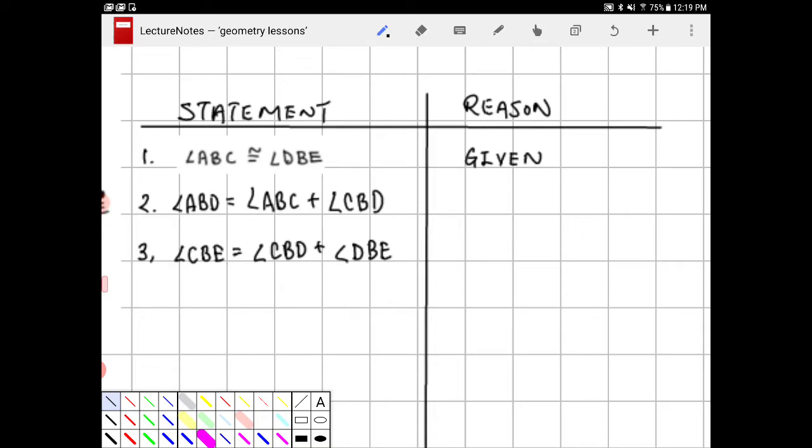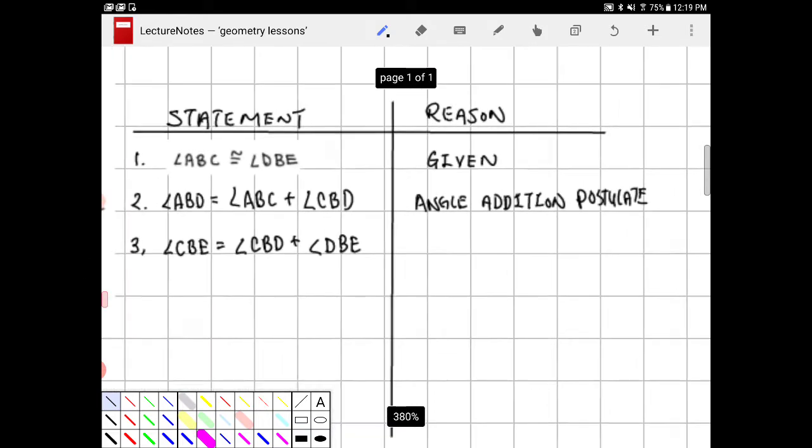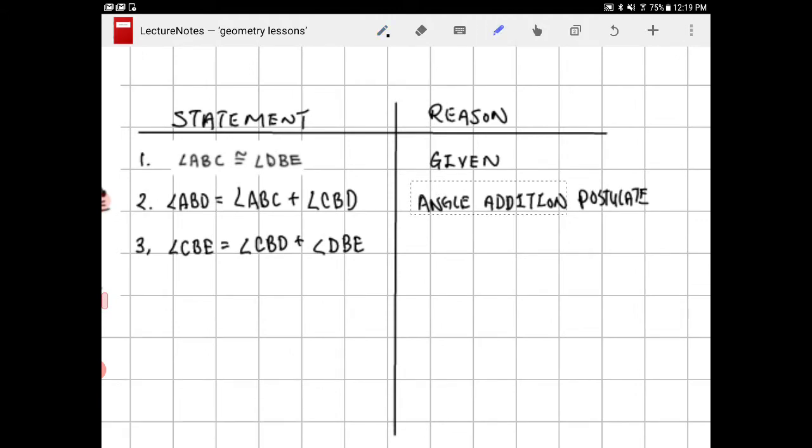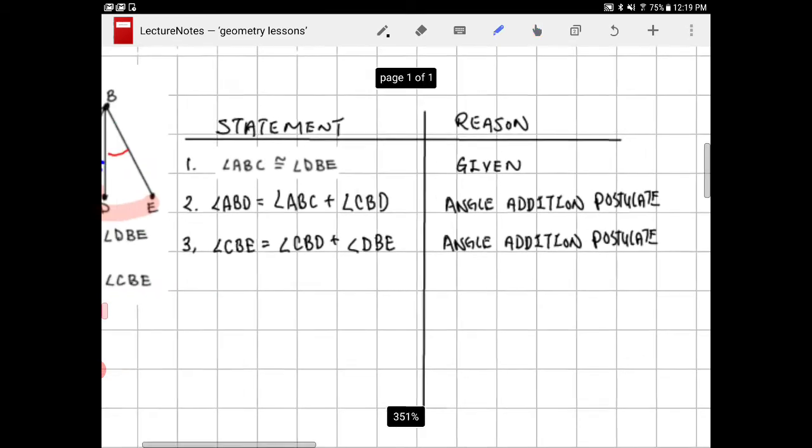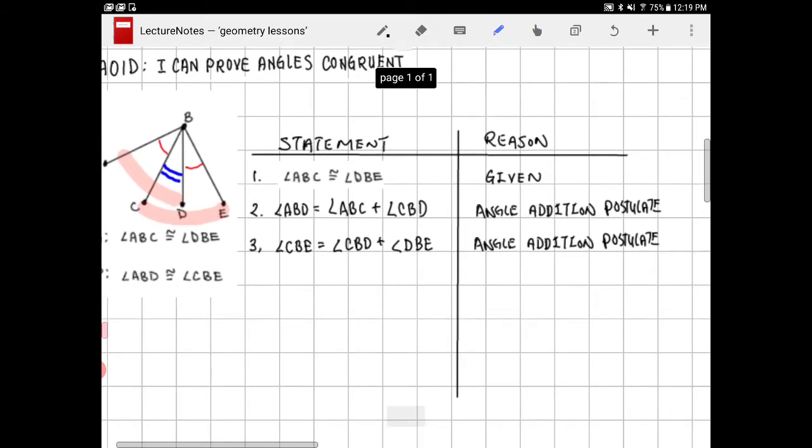So this is true because of the angle addition postulate. And both lines 2 and 3 have the same exact reason: these two statements are true because of the angle addition postulate.